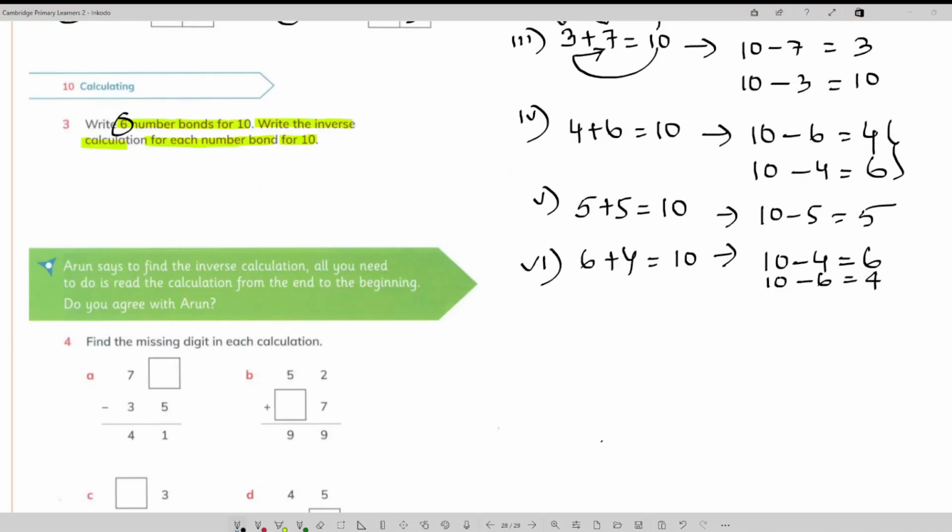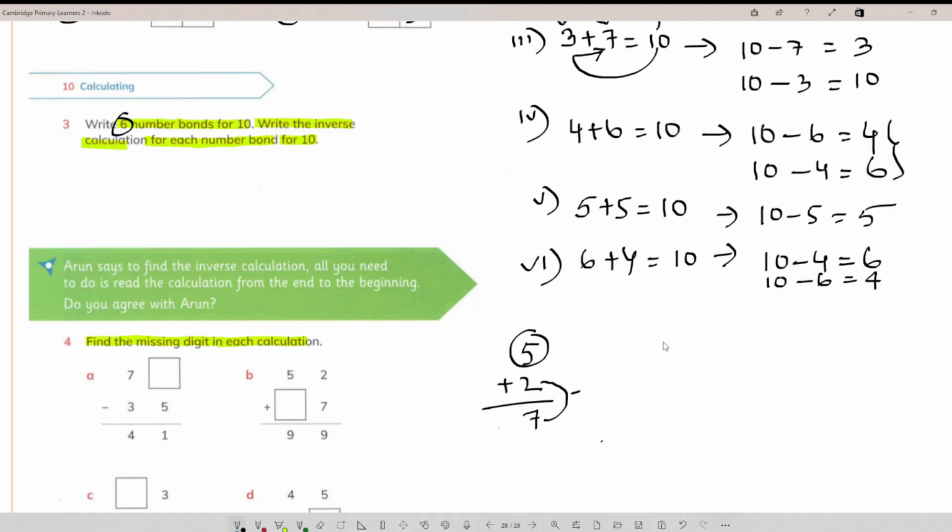Okay? Now, a very important thing. Look, first we have to read the question. Number 4. Find the missing digit in each calculation. Look very carefully. 5 plus 2 is 7. It means 7 minus 2 is 5.